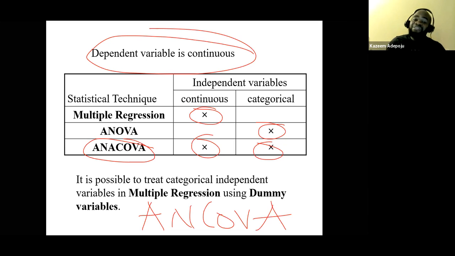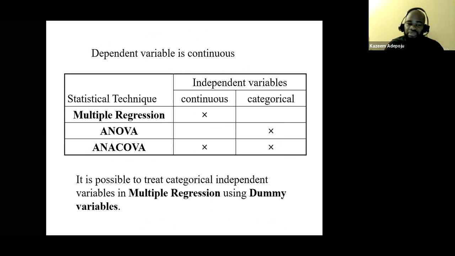And that is the reason why I said the combination of analysis of variance and multiple regression is the analysis of covariance. Okay, and you know what? It is possible to treat categorical independent variable in multiple regression using dummy variable. We did that as well.